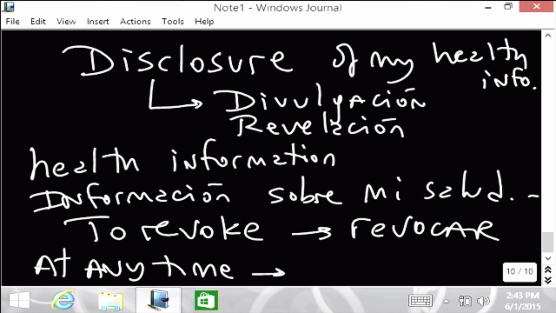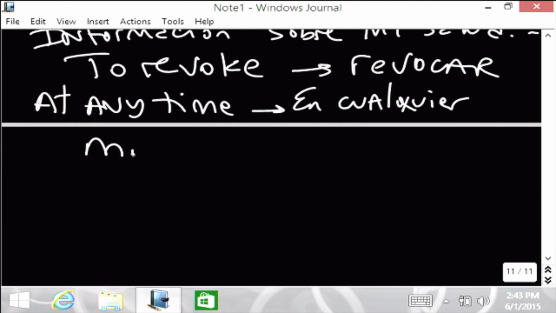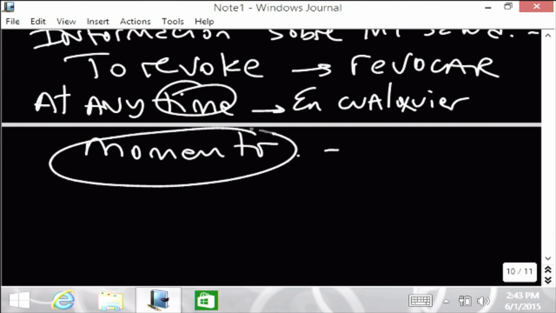When in English you say what time it is, we don't say qué tiempo tiene. We say qué hora tiene, qué hora es. It's very rarely that you will use tiempo in Spanish for time. Tiempo is more like the weather or something to that effect. So at any time, you never use en ese tiempo. So you say en cualquier momento. So try to remember that time is momento, and you will always be correct with that.